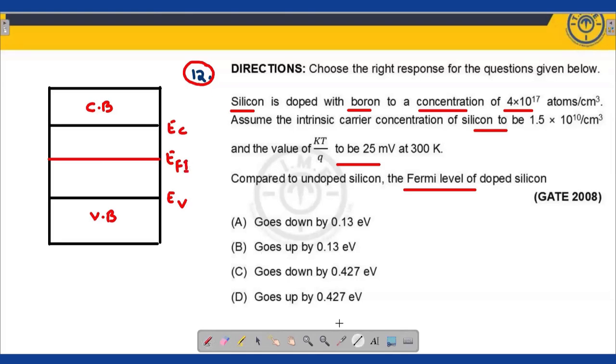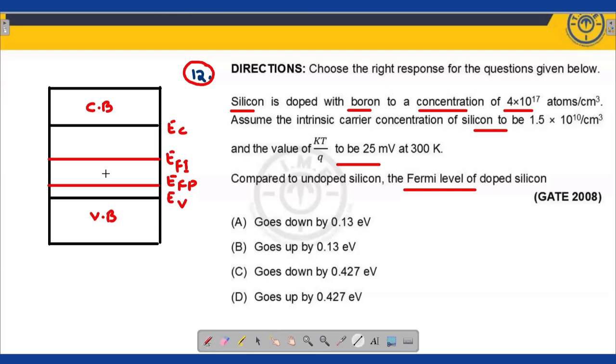But in a P-type semiconductor, the Fermi level is near to the valence band.